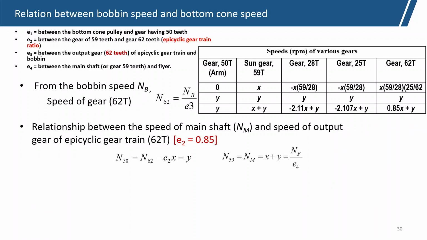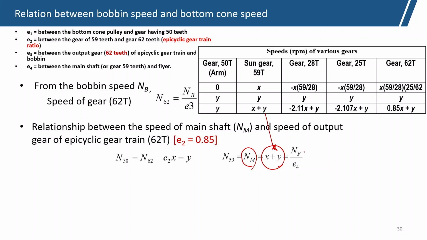Now, what is N59? It is the sun gear. The sun gear is fixed on the main shaft, NM, which is x plus y. NM is equal to x plus y, and what is NM?